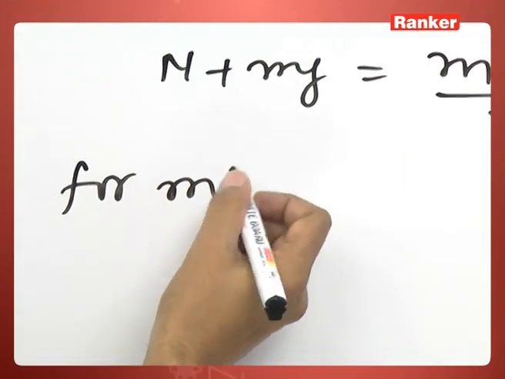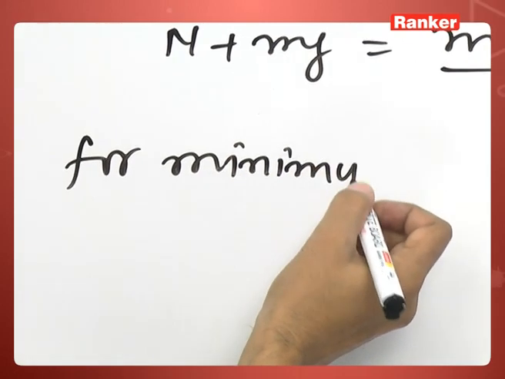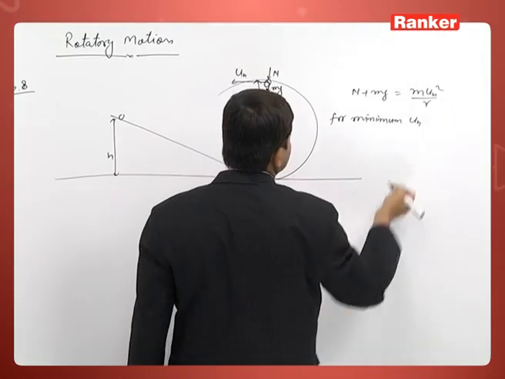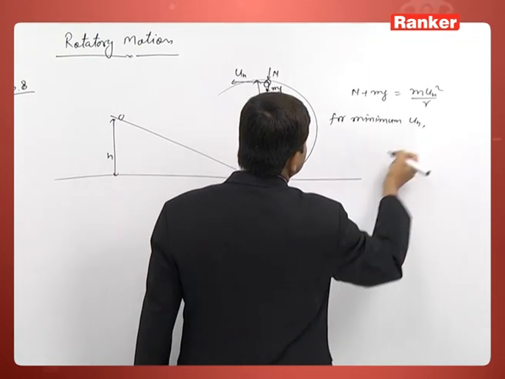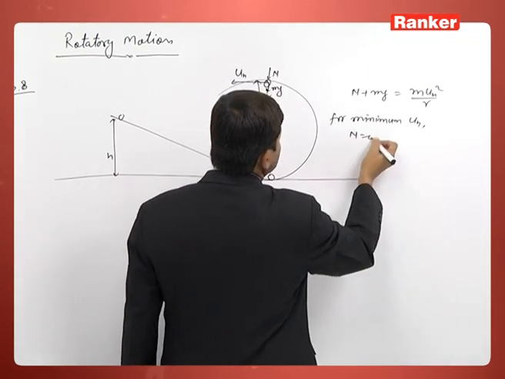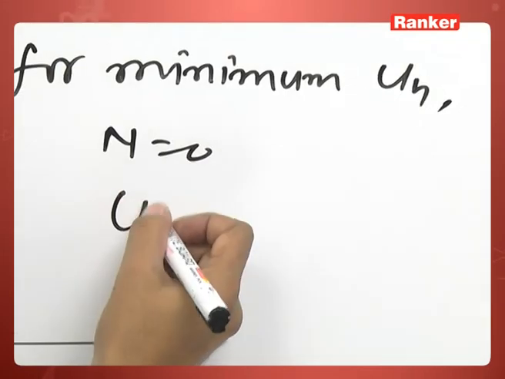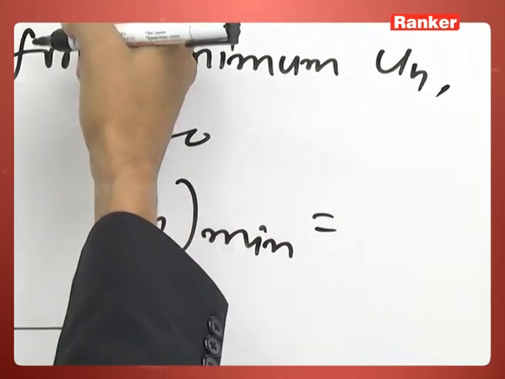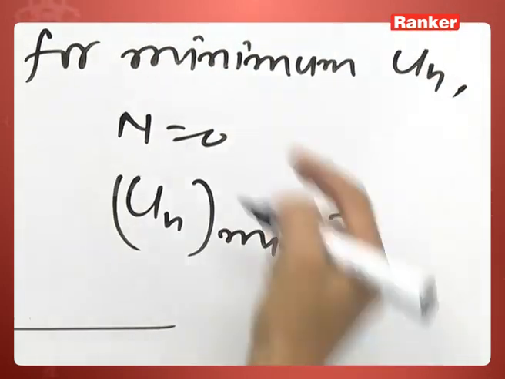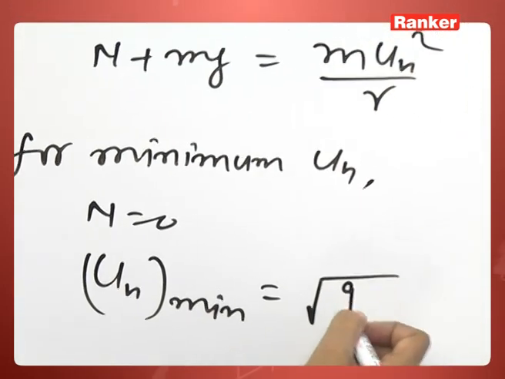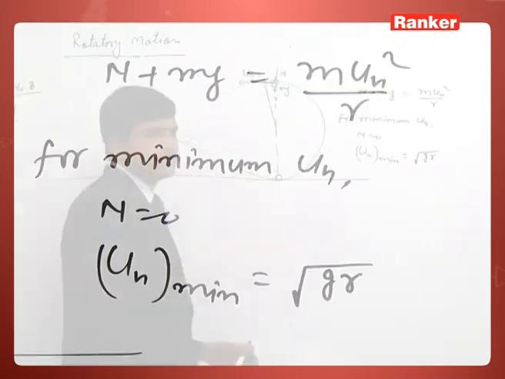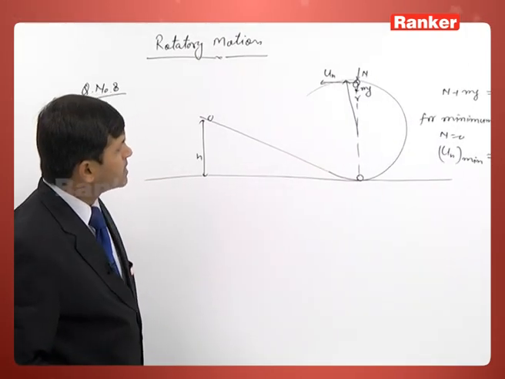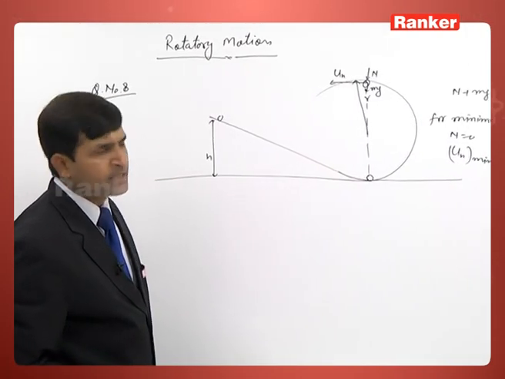For minimum UH, N should be 0. Now with N equal to 0, UH minimum is equal to root over g into r. The minimum value of velocity at the highest point should be root gr.